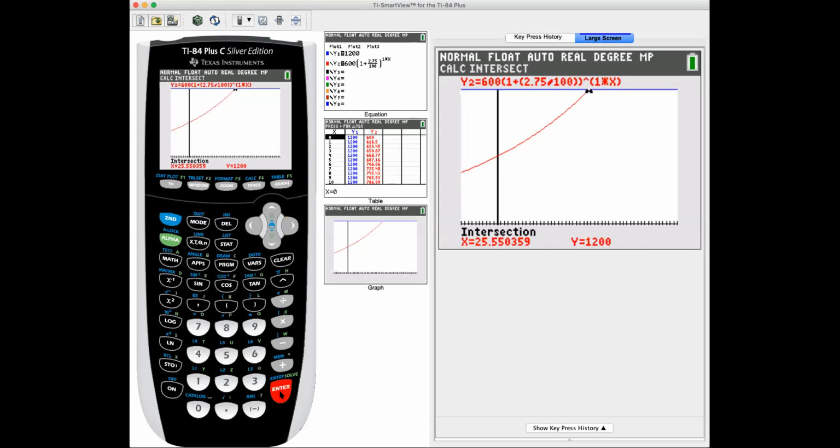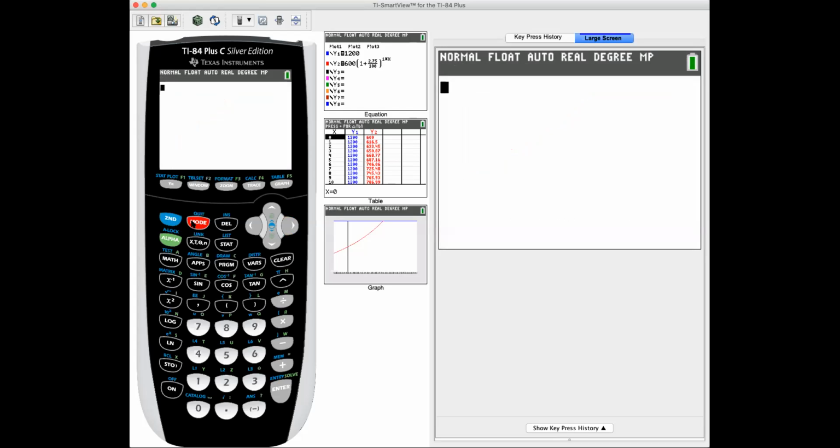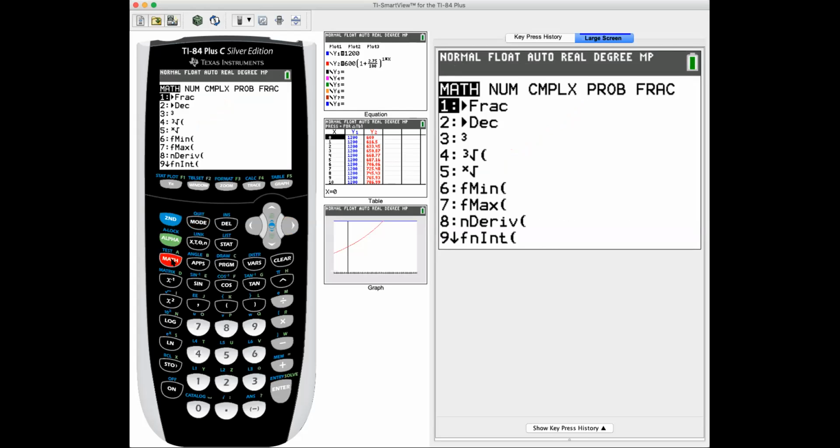Okay, good. Something else that I want to just make sure everybody knows how to do. Remember, for part C, we had to take the 20th root. Where do I access the 20th root from? Who remembers? Math. You go to math, and you go down to option 5.